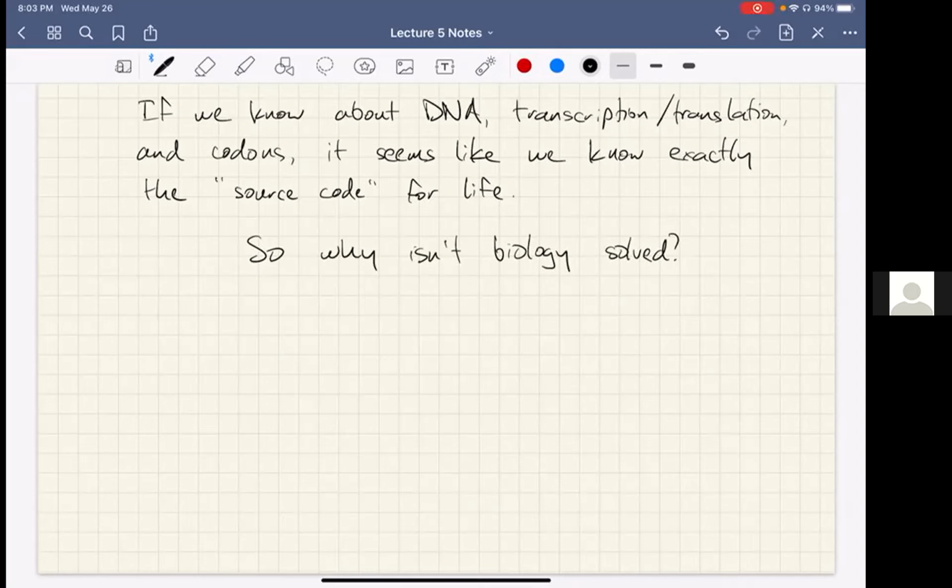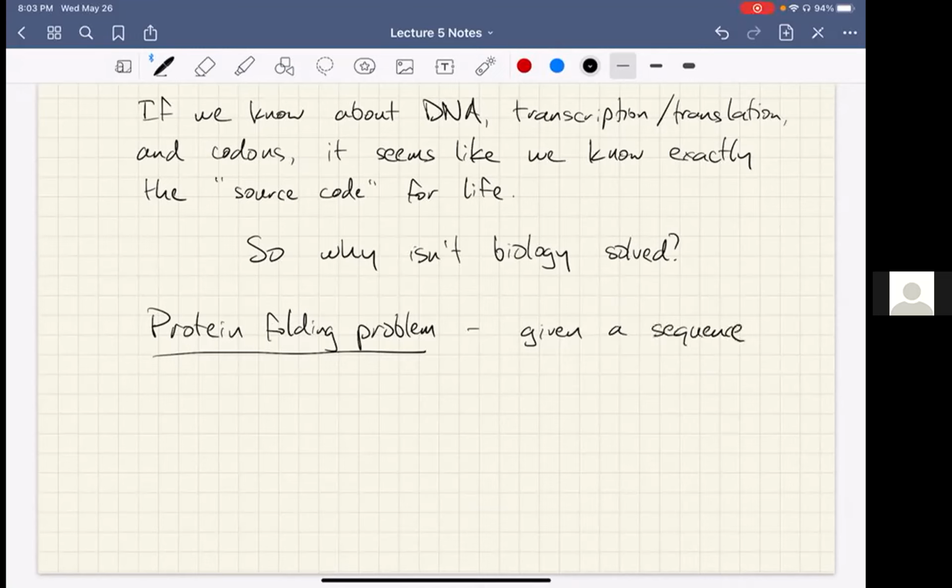But one of the biggest problems is what's called the protein folding problem. Which is given a sequence of amino acids, what shape is the resulting protein.